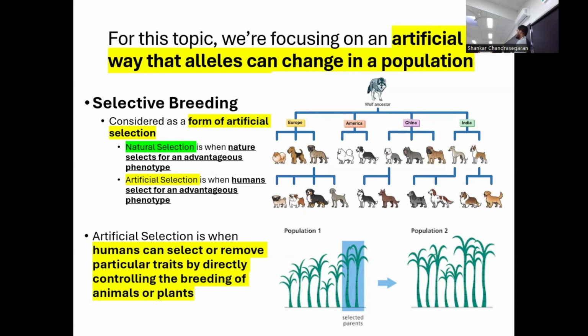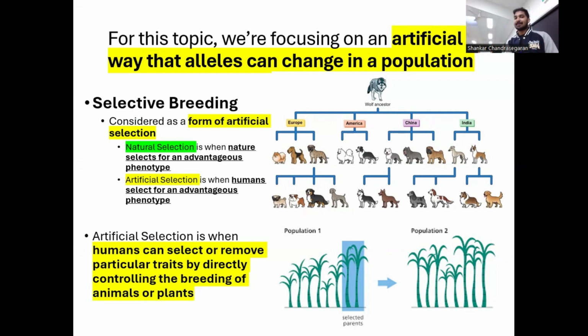We are thinking about what we need and how we can alter the alleles within a population to reflect that phenotype that we want. So we basically select or remove particular traits by directly controlling the breeding of animals or plants.